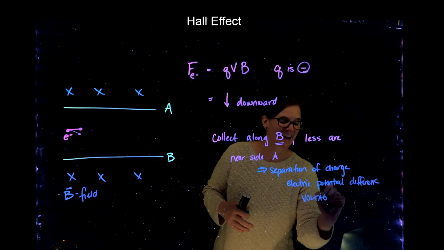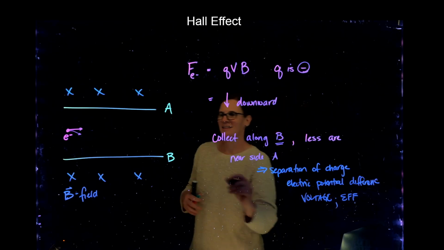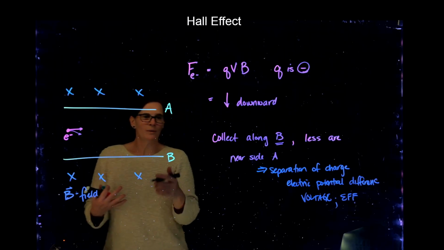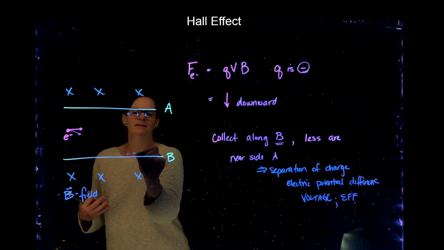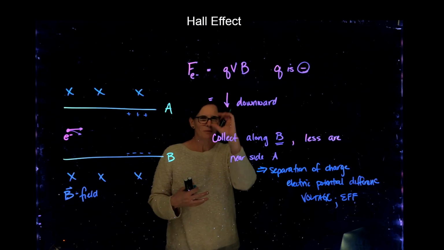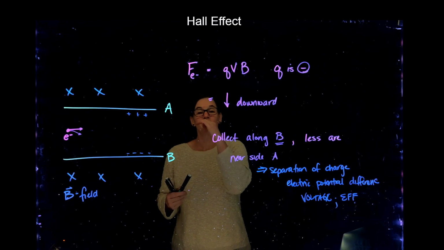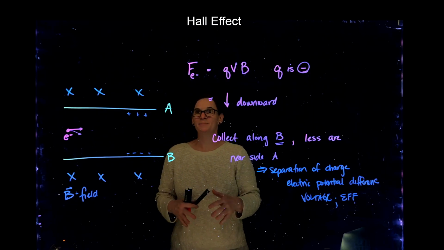So I get this tiny little EMF in the wire, where it's more positive at the top of the wire and more negative at the bottom of the wire. I get this small little voltage potential happening, which means there's an electric field inside of that wire.